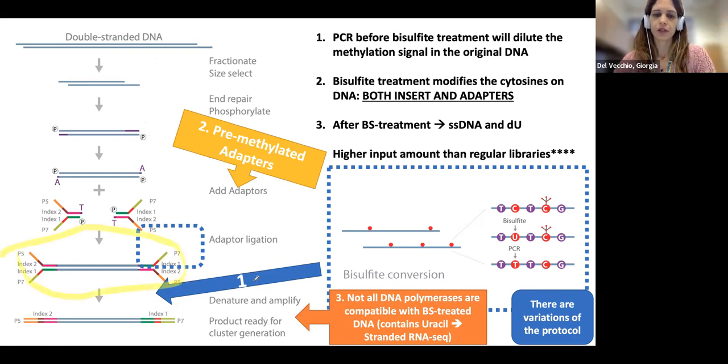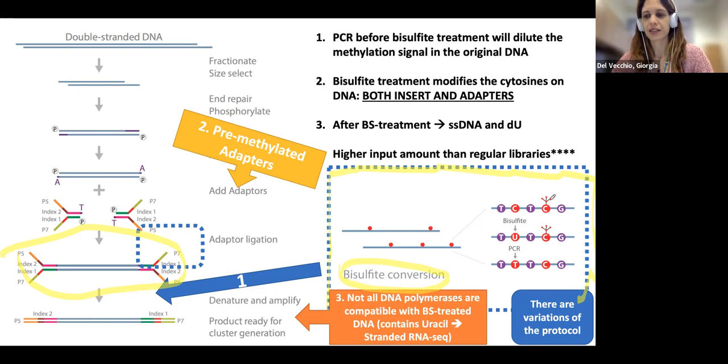So first of all, to look at the methylation, we are going to perform this chemical reaction, the bisulfite conversion. So the bisulfite is going to convert all the unmethylated cytosines into uracils, okay? While the cytosines that are methylated are protected from the conversion.